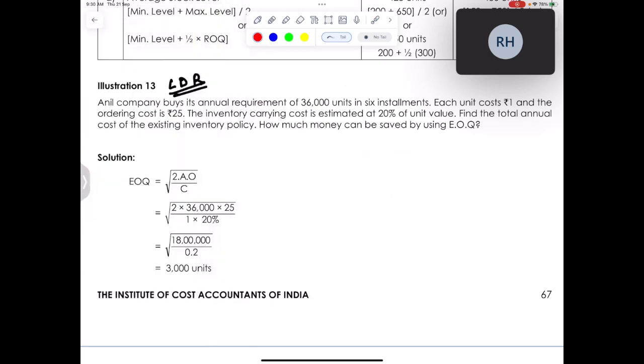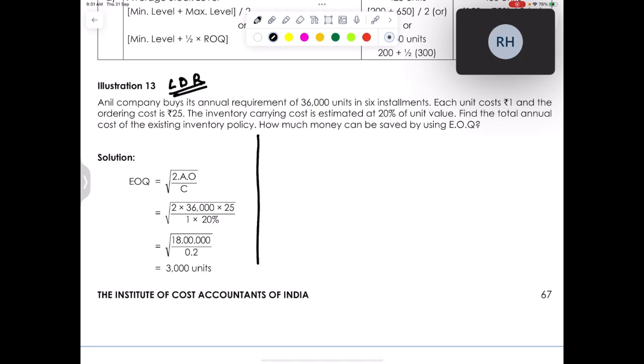Each unit purchase cost is rupee 1 and the ordering cost is rupees 25. The inventory carrying cost, the other name of carrying cost is holding cost, storage cost, one and the same thing, is 20% of unit value. Find the total cost of the existing inventory policy.